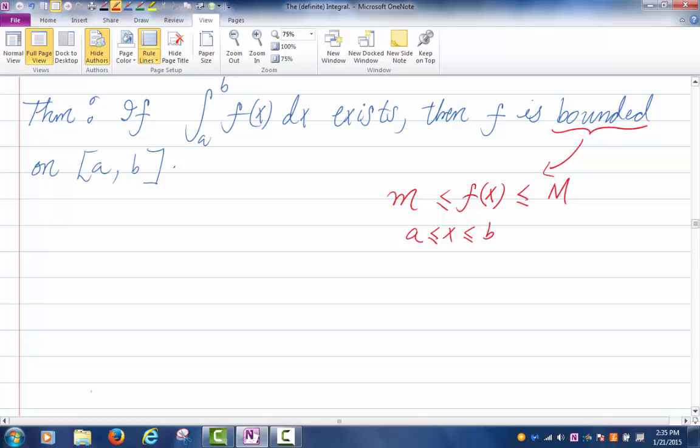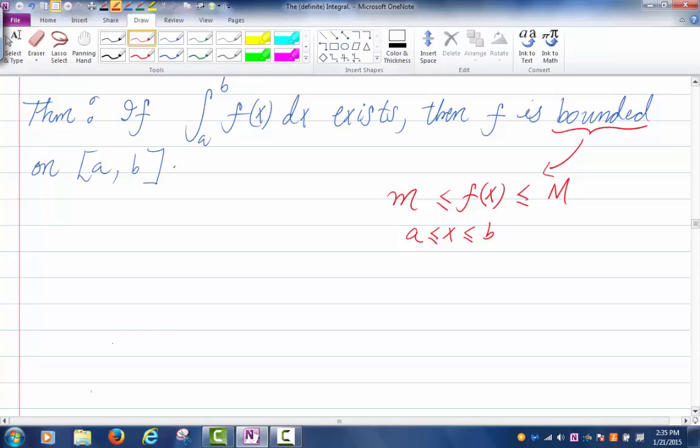Can someone tell me what that will tell you about the graph of f? In terms of the graph, geometrically, what would that mean?